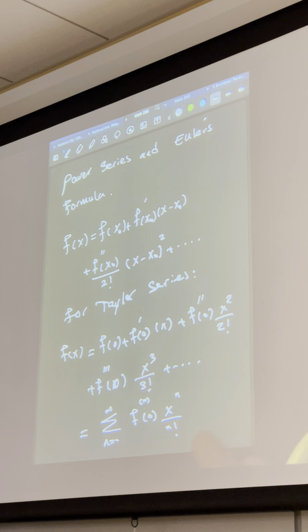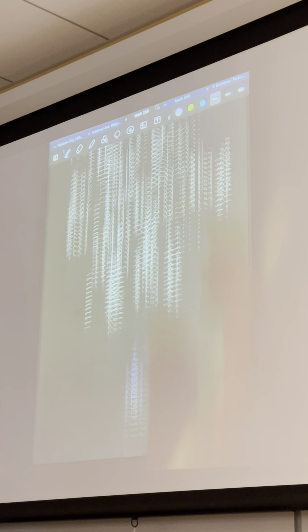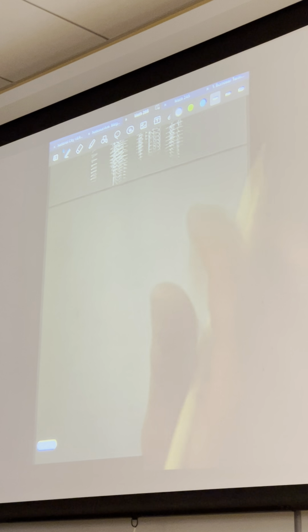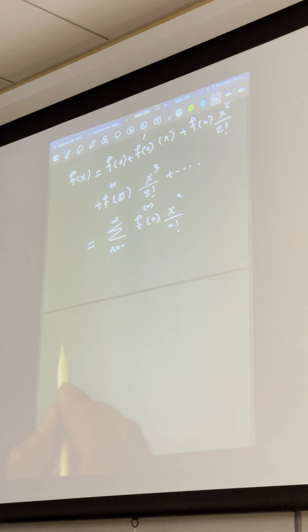As an example, let's look at e to the power of x. What is e to the power of x at the point 0? 1. So it's e to the power of 0, which is 1, plus, what is the derivative of e to the power of x? It is itself. So every derivative is itself, which means every derivative at the point 0 is still gonna be 1.